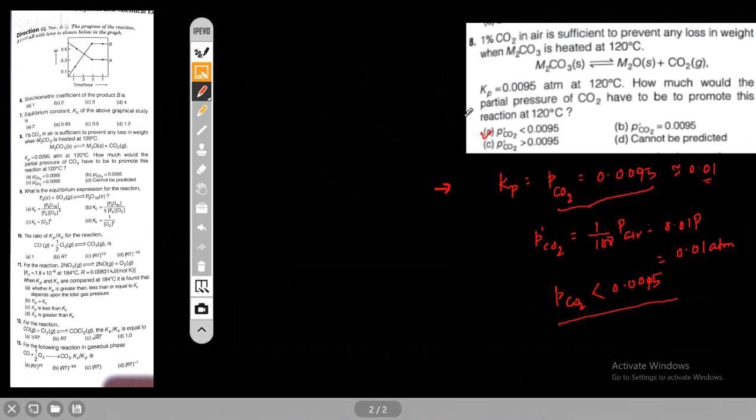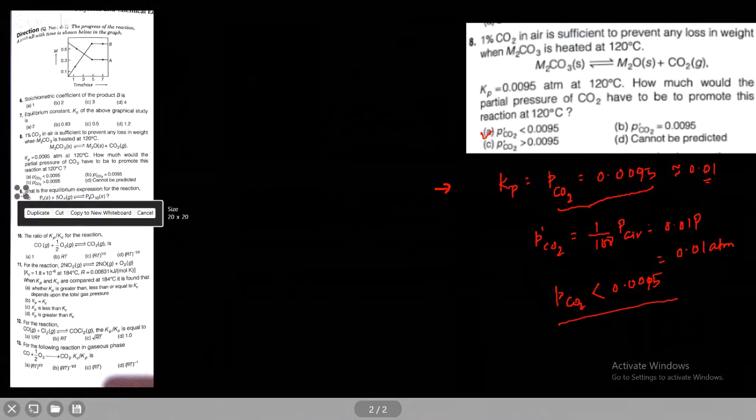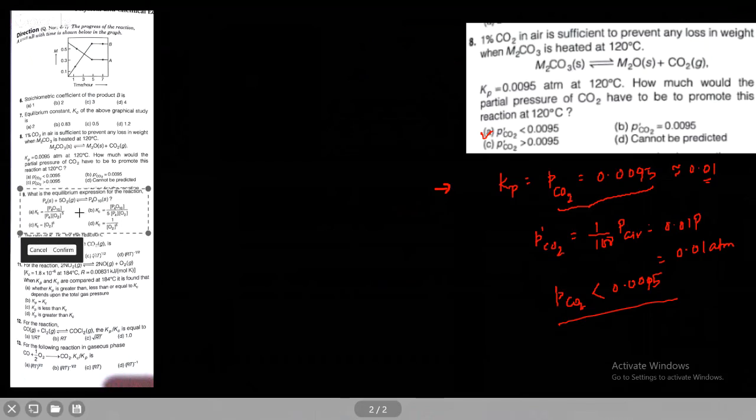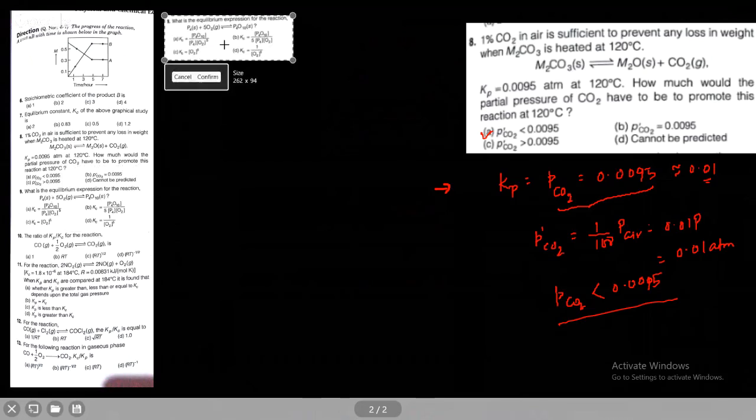Got it? Question number 9. Oh, this is again, I'll repeat.